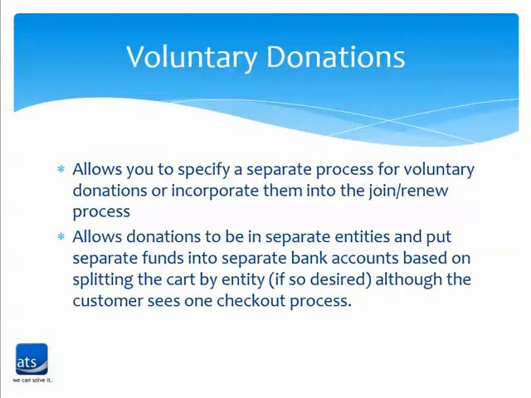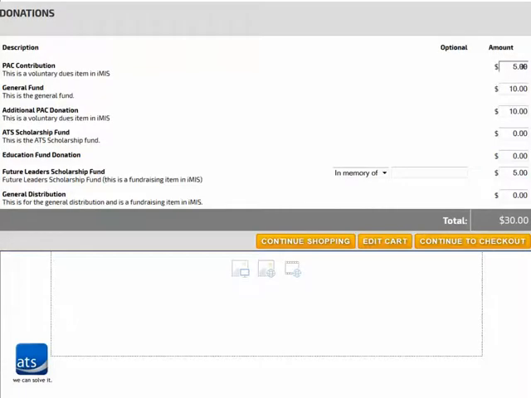What that lets me do is check out in a single combined cart: my main dues go to one cash account and one bank account, and my donation goes to the foundation's cash accounts, the foundation's payment gateway and the foundation's credit card. That will all work together, so you could have multiple PayPal accounts, PayPal Pro accounts, and the money would be split accordingly, even though the person will just see one checkout process and put in the card once.